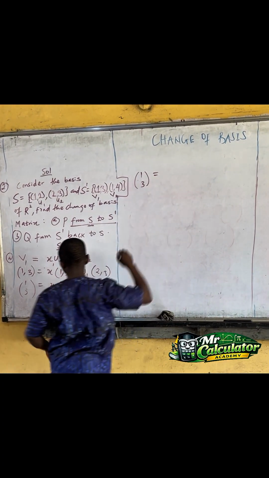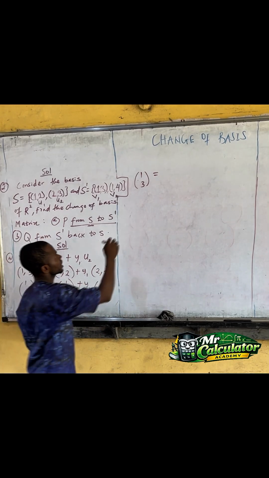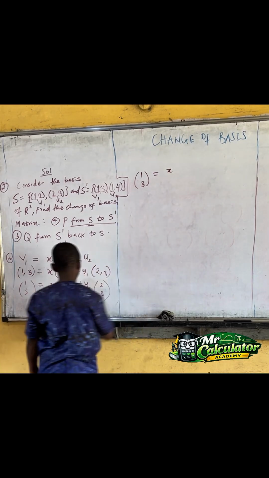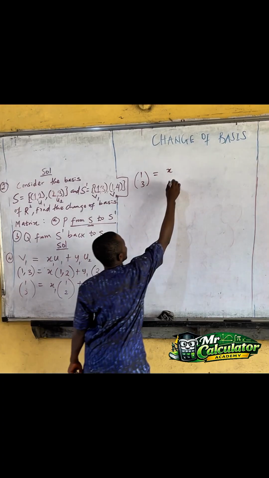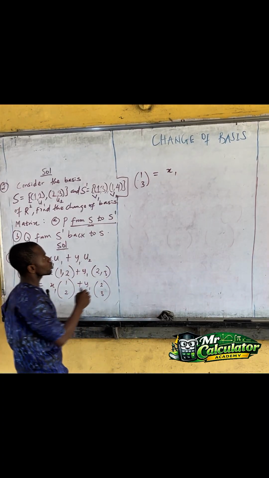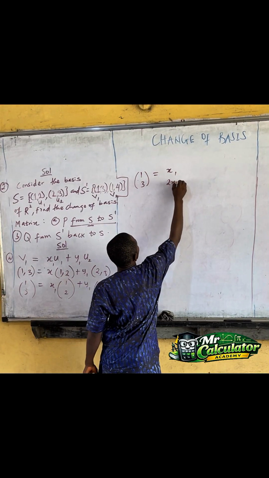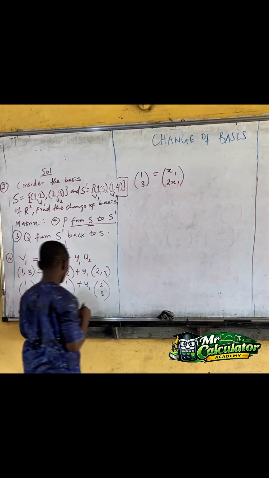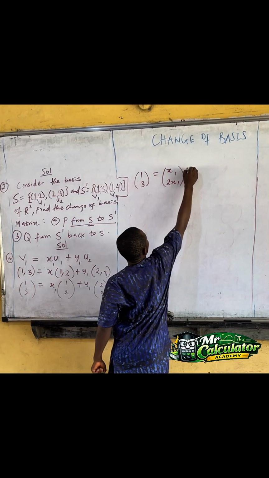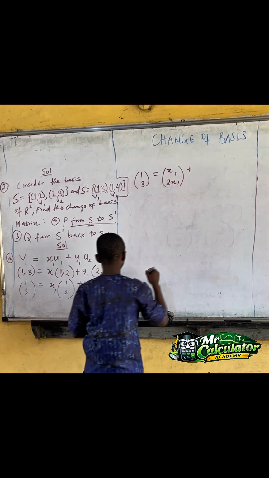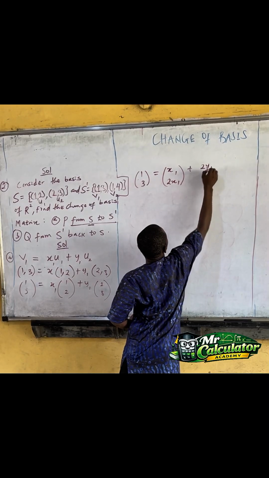is equal to X times 1, X. We are using X1, that is X1. X1 times 2, 2X1, I close it for this, plus Y1 times 2, that is what? 2Y1, and what?